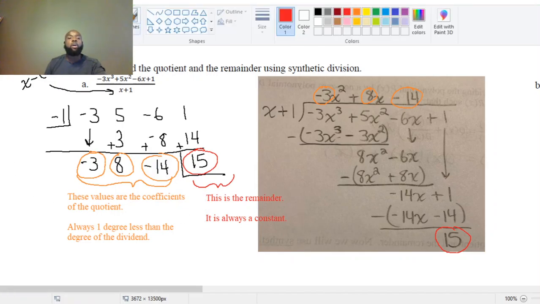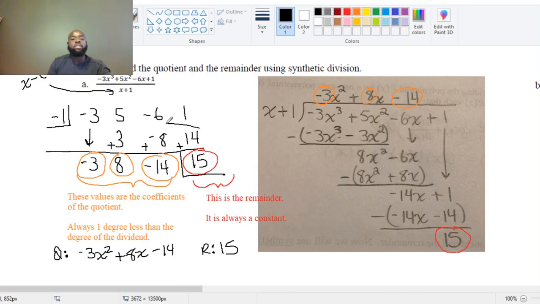And so if I want to write my quotient and my remainder when I'm using my synthetic division, then my quotient, I'm going to just use the Q, is -3x squared plus 8x minus 14, and my remainder is 15, all right? And so basically what the synthetic division is doing, so you can see these numbers appear in your quotient and your remainder, and these numbers here actually come from this subtraction, all right?